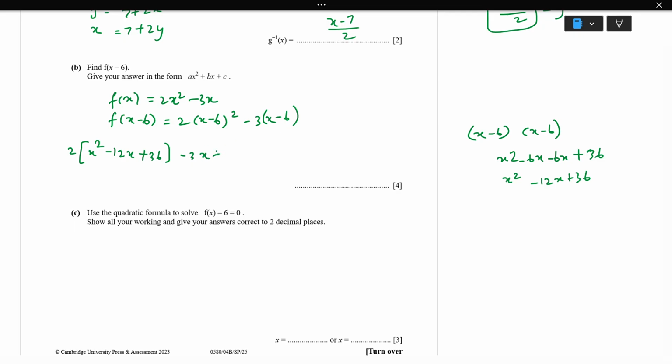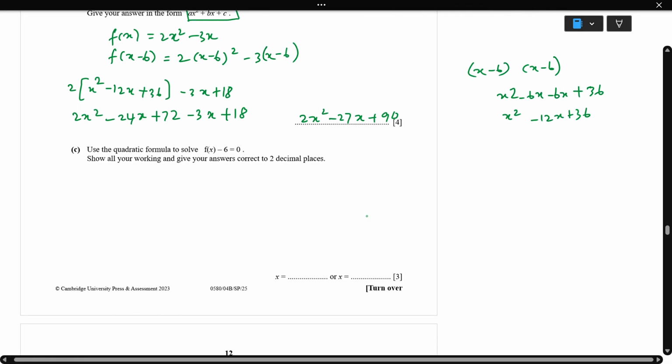So minus 3x plus 18. So 2x squared minus 24x plus 72 minus 3x plus 18. Now x squared, there is only one term, so 2x squared and minus 27x and 72 plus 18, which is going to be 90. So we leave it in this form, the quadratic form.